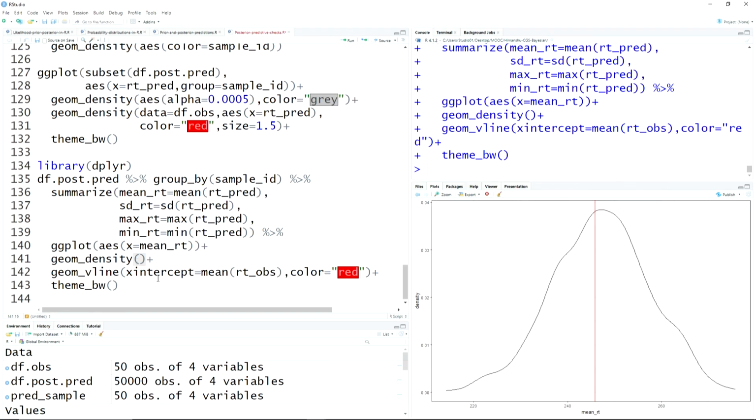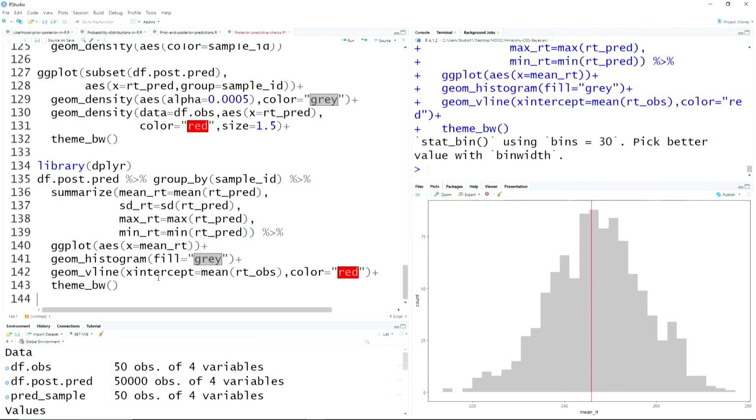If you want, you can also draw histograms instead. Okay. So the histogram shows the distribution of mean reaction time predicted by the model.